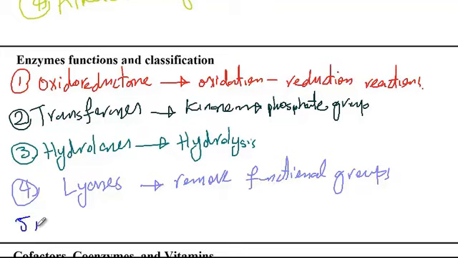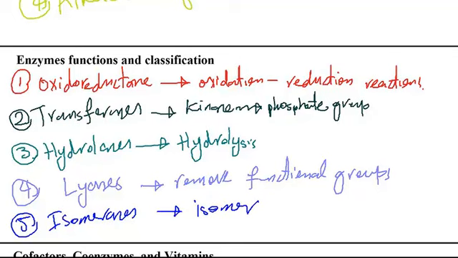Number 5, we can have isomerases, which will catalyze conversion of a compound into its isomer, like for instance an aldose converted into ketose. So isomerases will convert a compound, as the name implies, into its isomer.